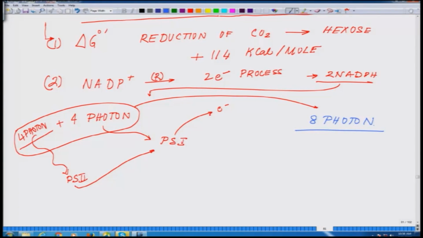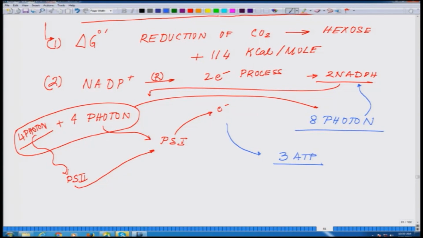So 8 photons are needed to generate the required NADPH molecules. The proton gradient generated in producing 2 NADPH is more than sufficient to drive the synthesis of 3 ATP molecules. Mark my word again.